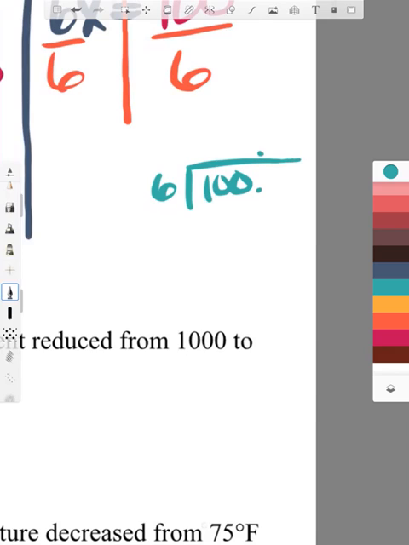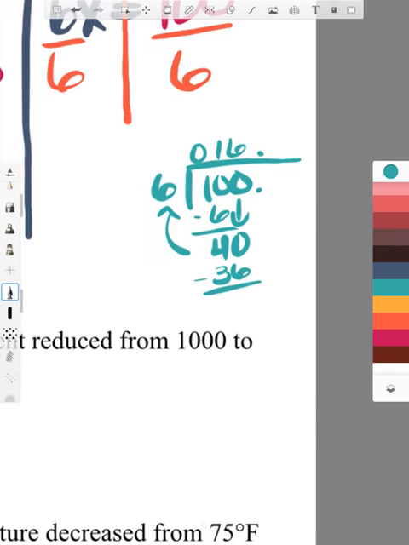All right, 6 can go into 1. It goes into 10 one time. And then 6 goes into 40 6 times. And then it goes into 40 again, 6 times. It's 36.